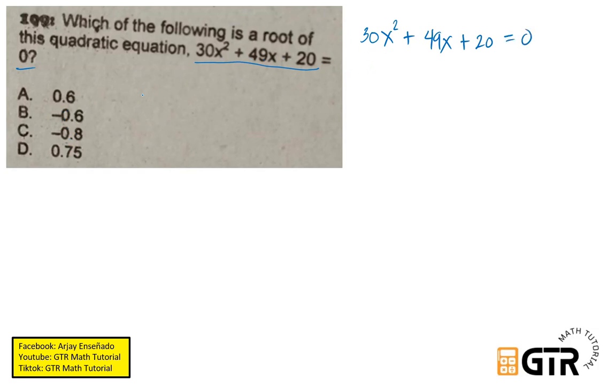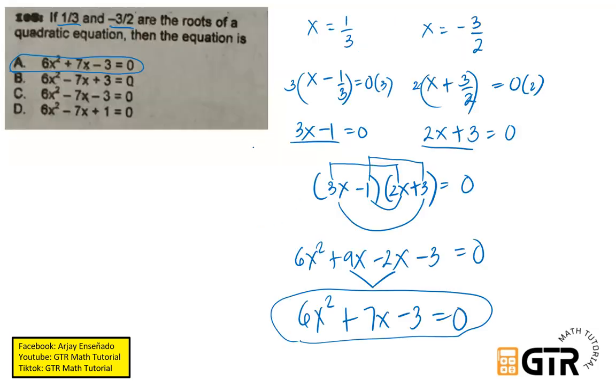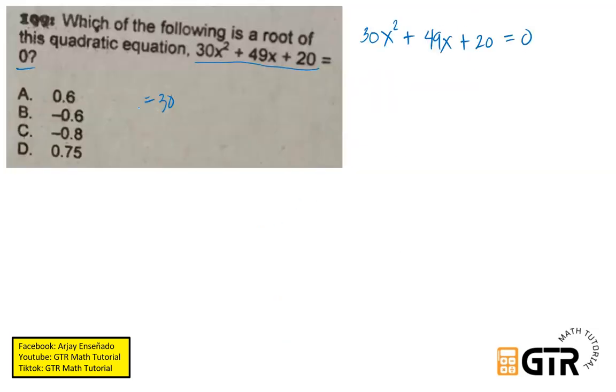So we have A equals 30. A equals 30, B equals 49, and then C is equal to 20. I-substitute lang natin sa quadratic formula. X equals negative B plus or minus square root of b squared minus 4ac all over 2a.